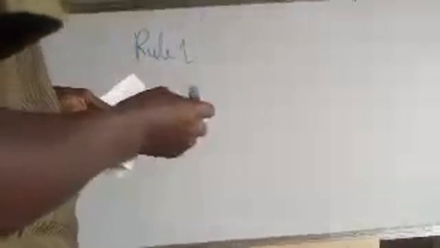What does rule 1 say? Rule 1 says that the integral of a sum of a finite number of functions is the sum of their separate integrals. Let me write it.